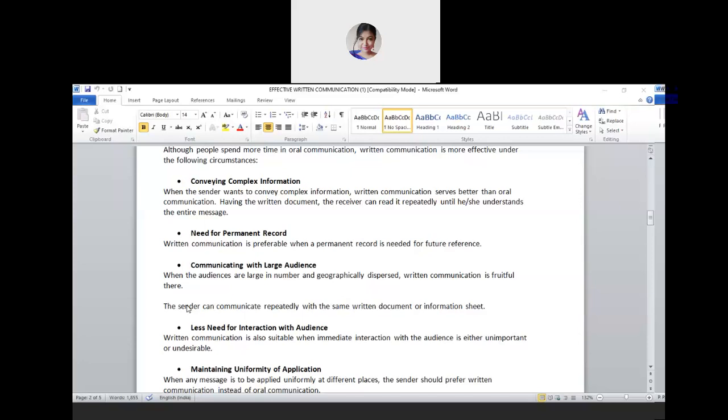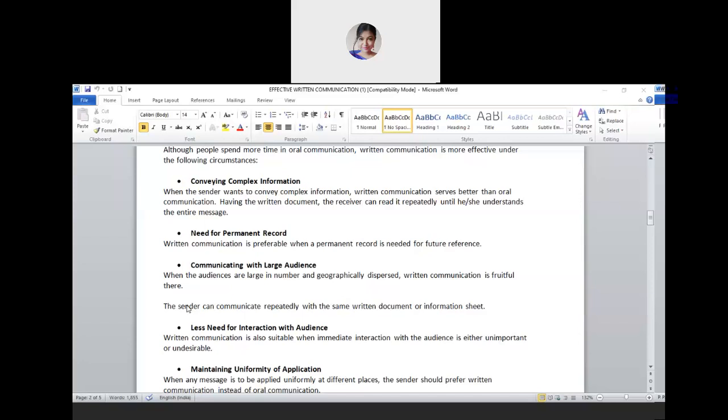So in that case, written communication is very helpful, because for communicating orally, you have to call each and every individual. If you're conducting a seminar or a meeting, you cannot just call all the people every now and then, isn't it? I cannot call you or do a video conference with you all every now and then.